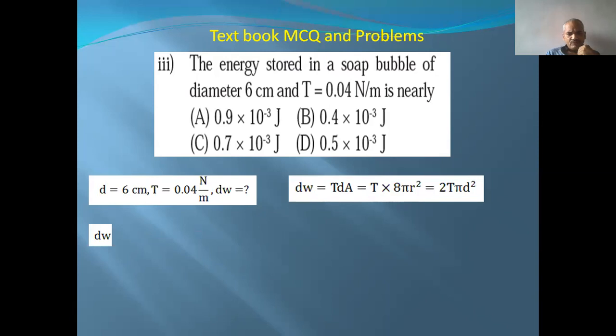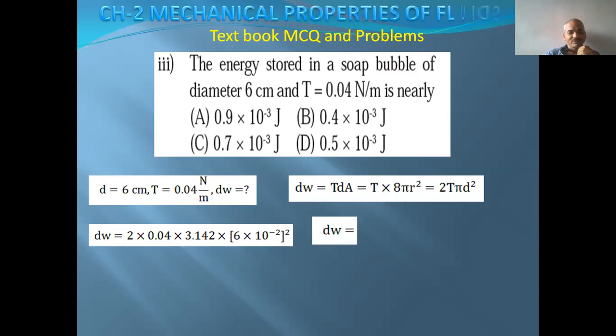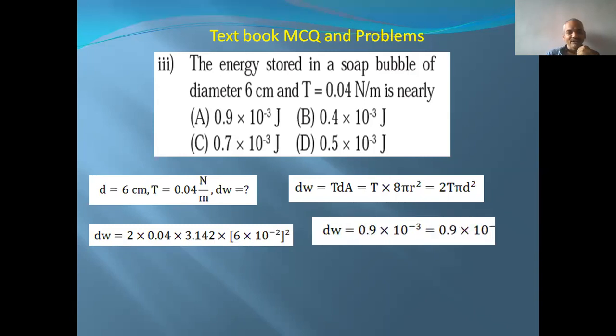If we substitute the values of T, pi, and d square, here also you can calculate approximately, 6 square is 36, near about 40. 40 into 4, 4, 4 is 16, 16 into 2 is 32, 32 into 3, that is 3 into 3, it is near about 9, and because of this the answer is 0.9 into 10 raised to minus 3 joule.